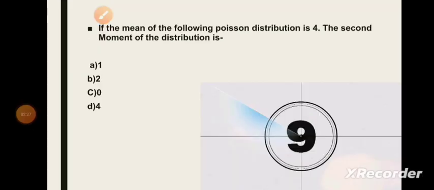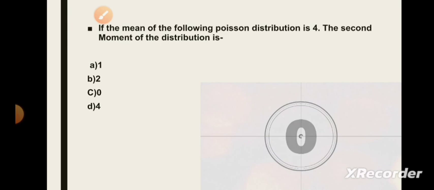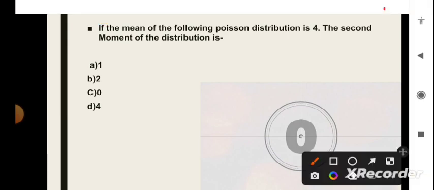Next question is, if the mean of the following Poisson distribution is 4, the second moment of the distribution will be? As in the case of Poisson distribution, the mean is equal to variance, which is the second moment. So here our correct option will be option D.